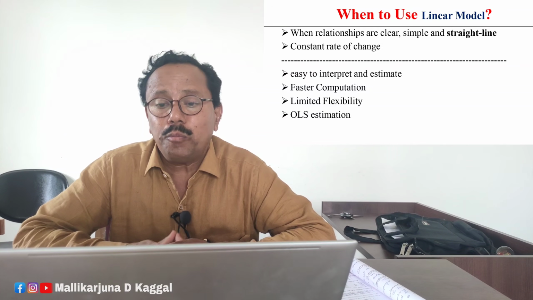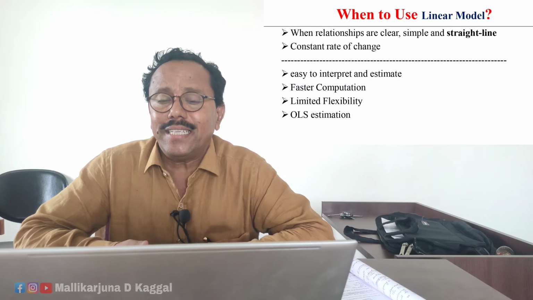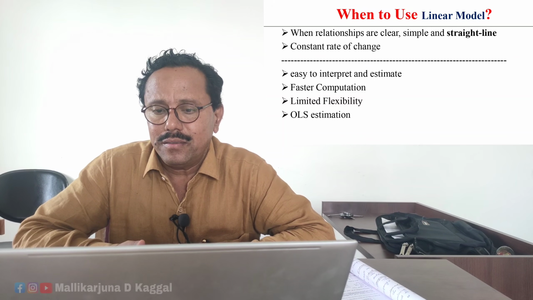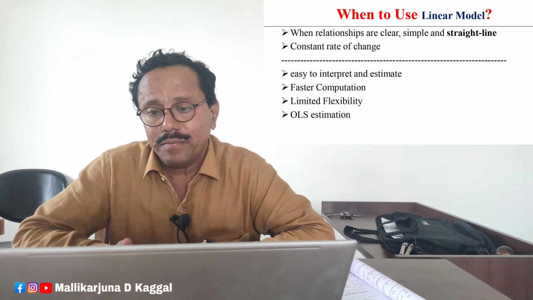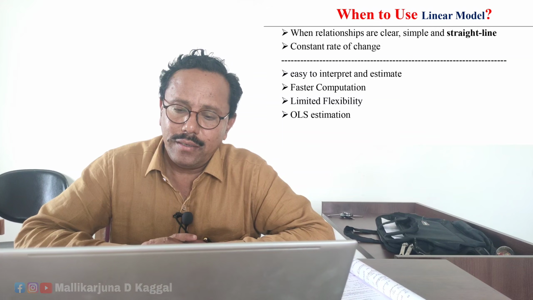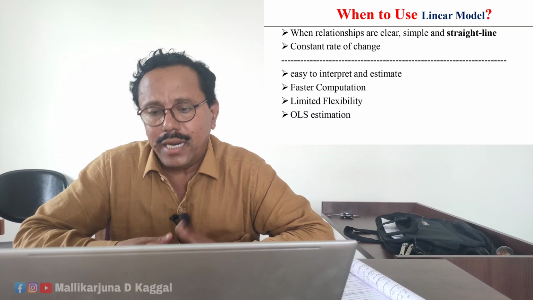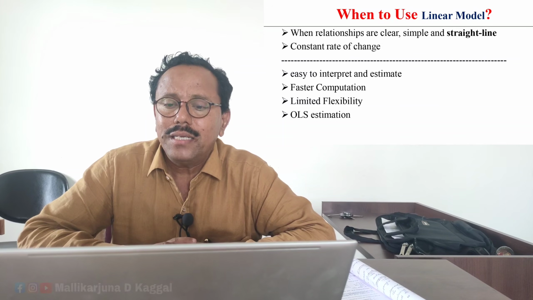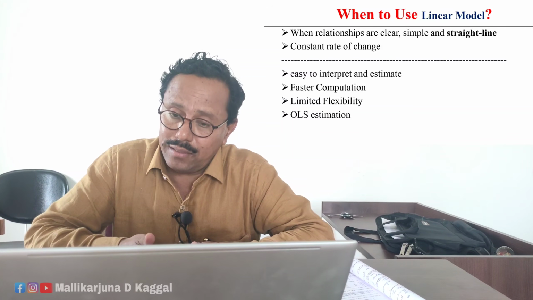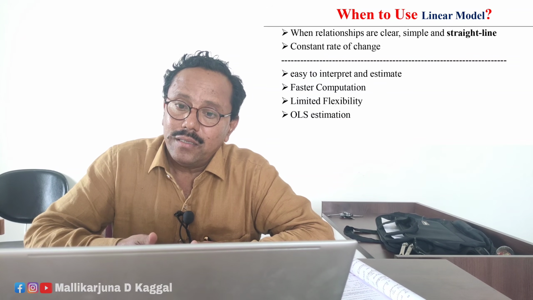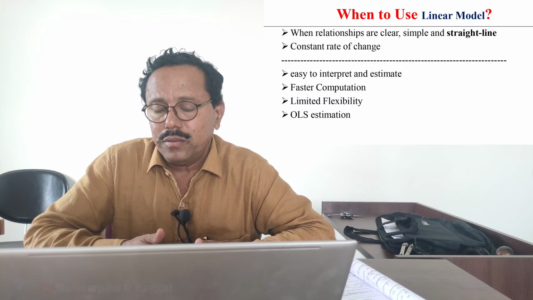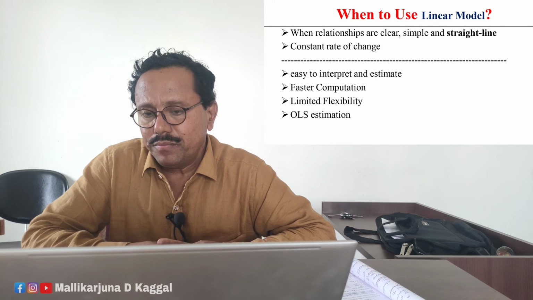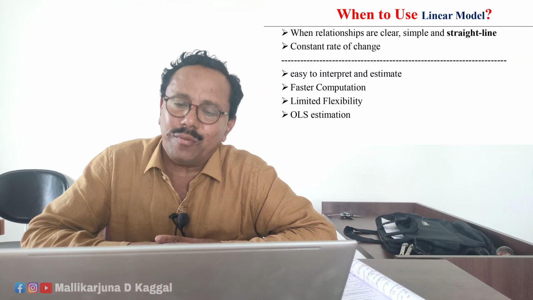There are no products, and no other mathematical functions like square, log function, exponential function, or power function in the equation. If such functions appear before the coefficients, then we call that a non-linear model.